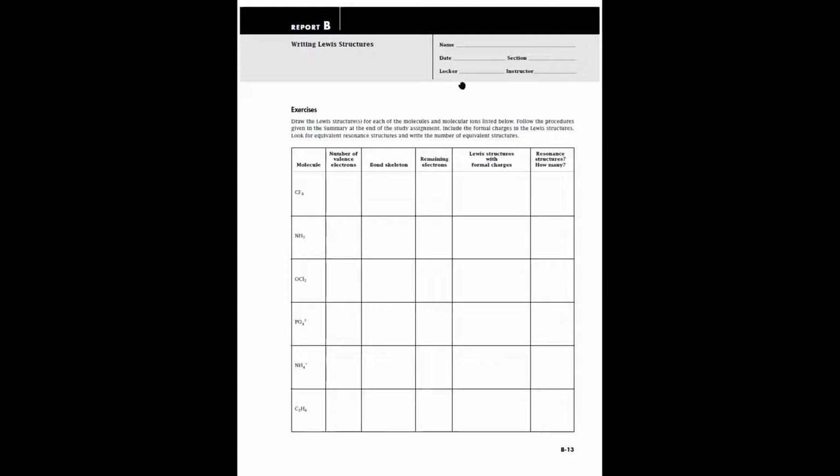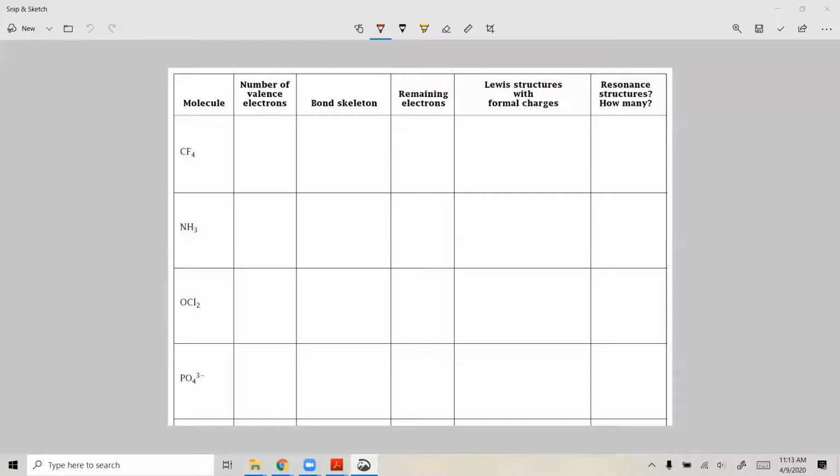Now, the first thing that we're going to do is give an example for our CF4. So this is our section from Study Assignment B. In this first box, we want to fill in our number of valence electrons.